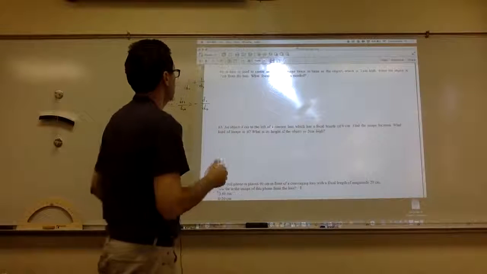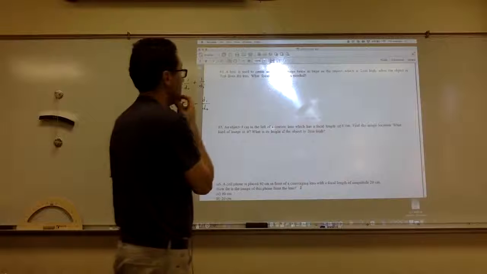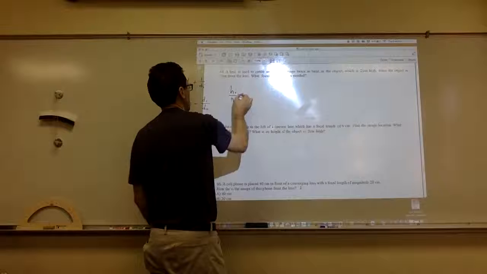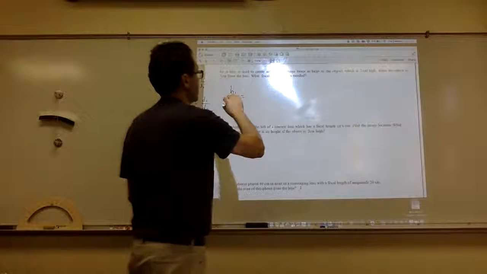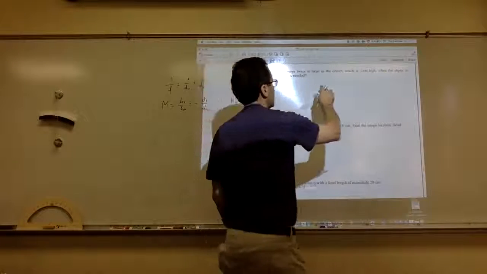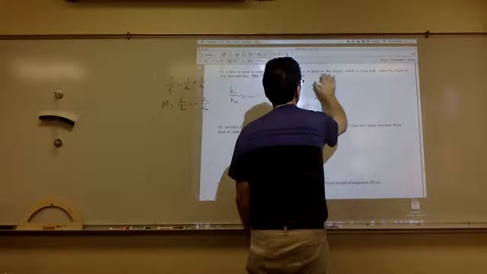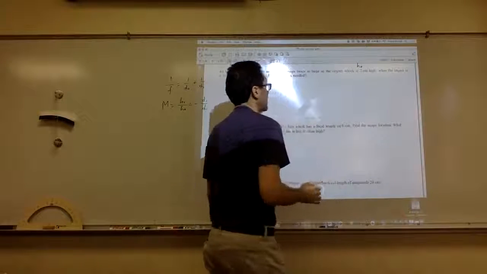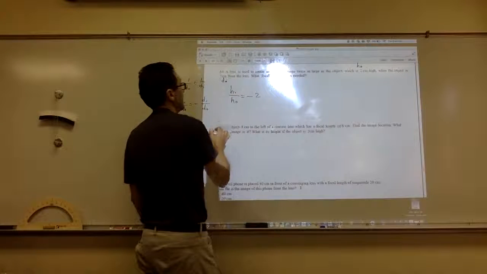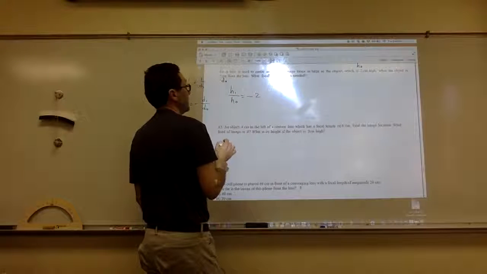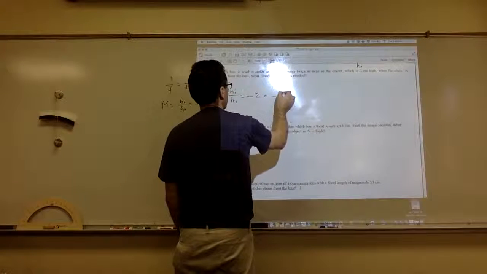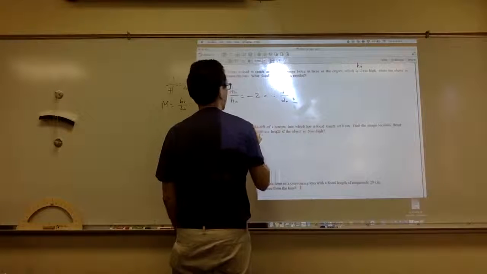A lens is used to create an inverted image twice as large as the object. So hi over ho is -2 because it's flipped. Okay. So the object has a height of 2 centimeters. When the object is 7 centimeters from the lens, so that's do, what focal length lens is used? Okay, so I think we can say that this is going to be equal to negative di over do.